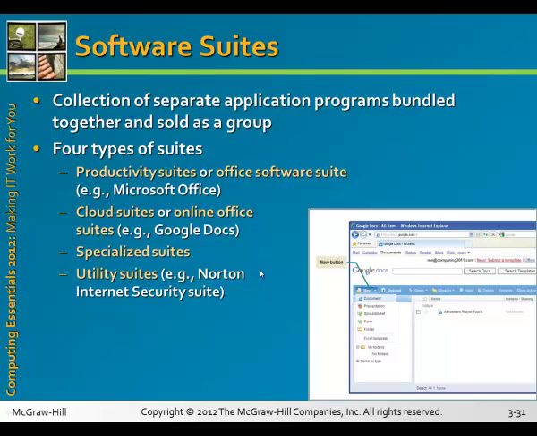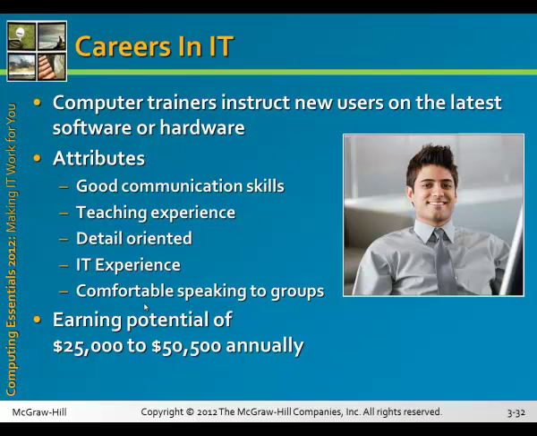There's also specialized suite software such as utility suites, you have your Norton and internet security. Hopefully nobody uses Norton around here, but anything that you actually install that has multiple pieces to it would be considered software suites.